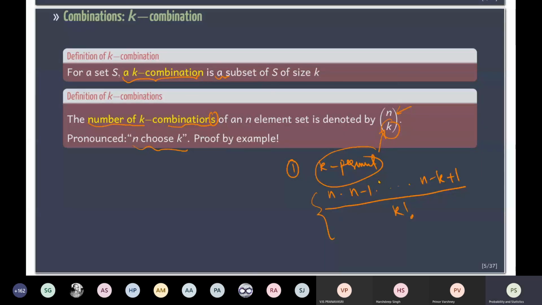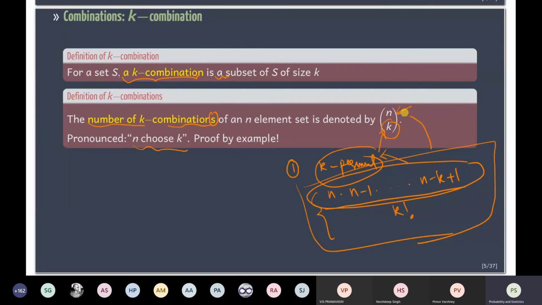What is here is the K permutation, and once we divide by K factorial, this whole expression is the combination.